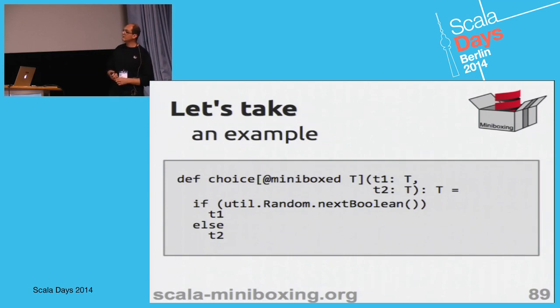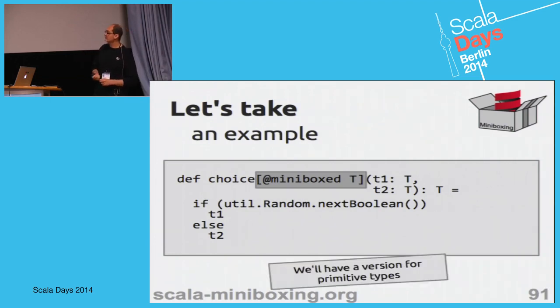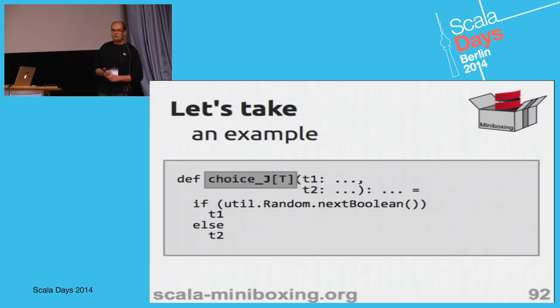And now let's say we annotate this with miniboxed, and we want to translate and get the variant that is specialized, the one that handles value primitives. This is usually called choice_J, or at least this is the way it's called right now in the implementation. And let's try to figure out what would be its signature.